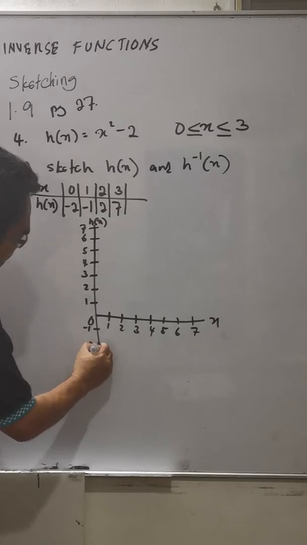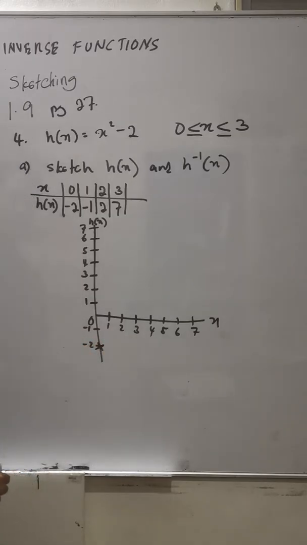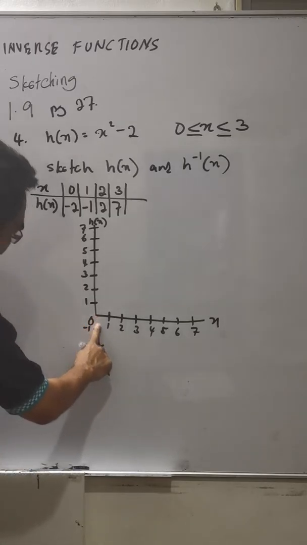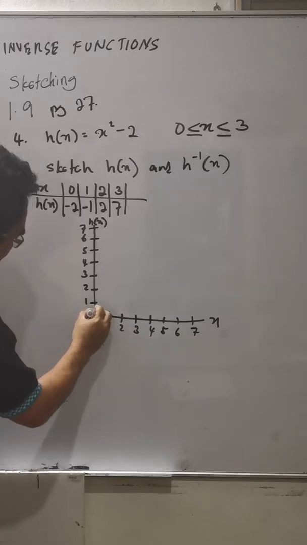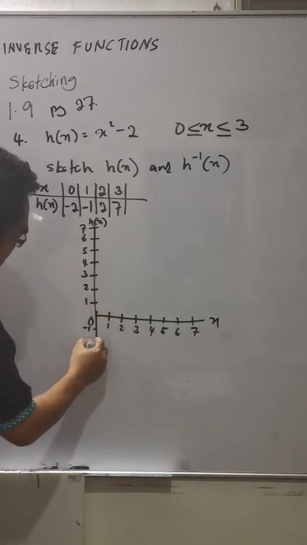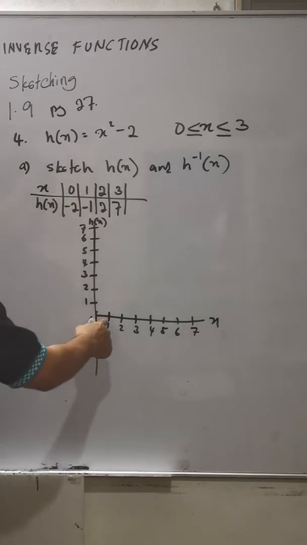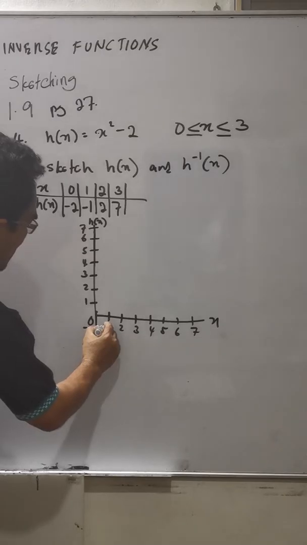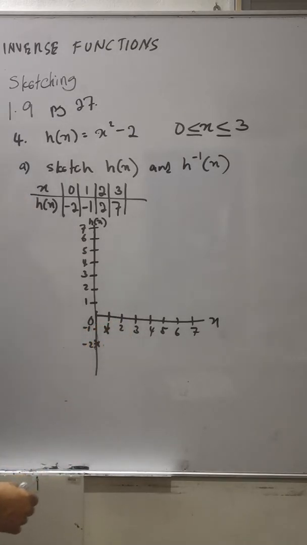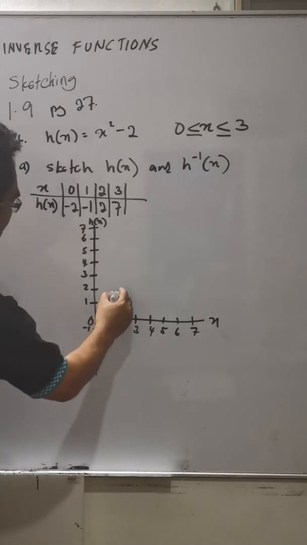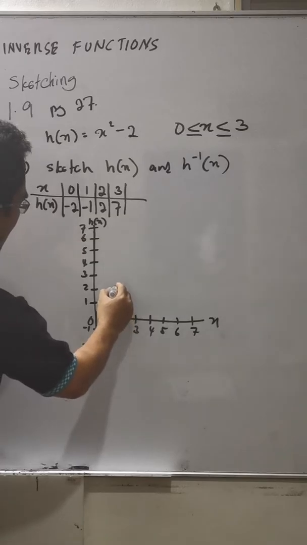Okay, now plot (0, -2). (0, -2) will be here. And then (1, -1) will be here. And then (2, 2) will be here.